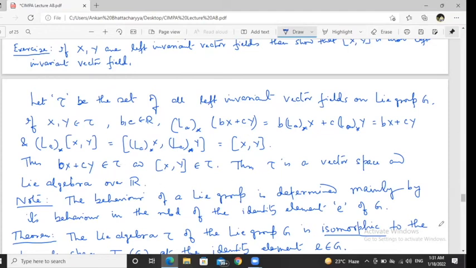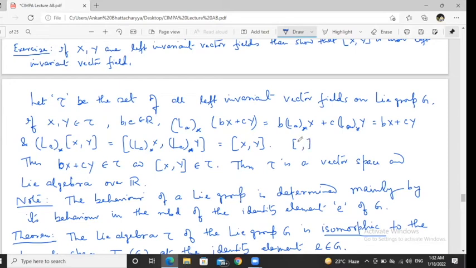Now, what is the definition of a Lie algebra? A Lie algebra is a vector space over R with a bilinear map.